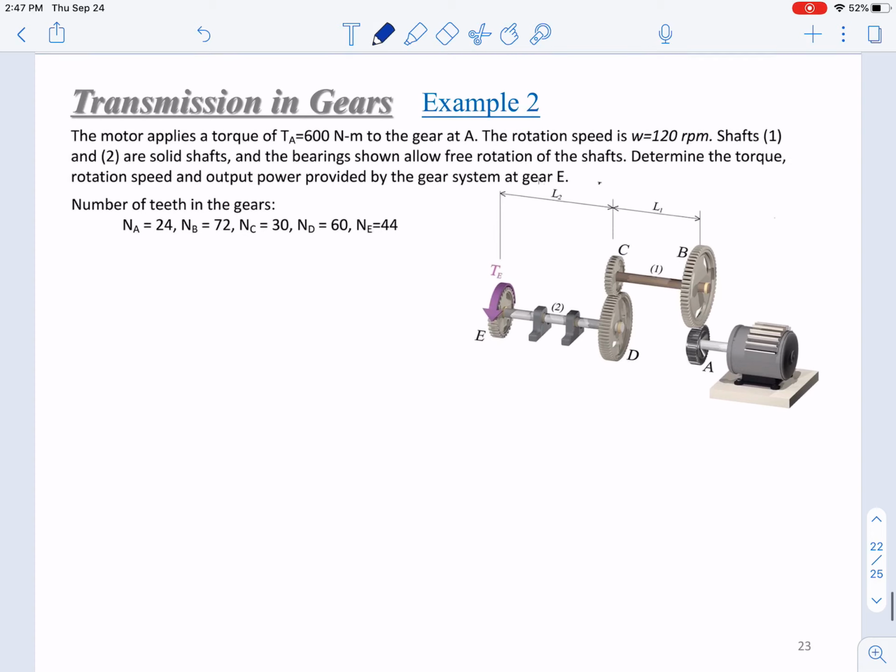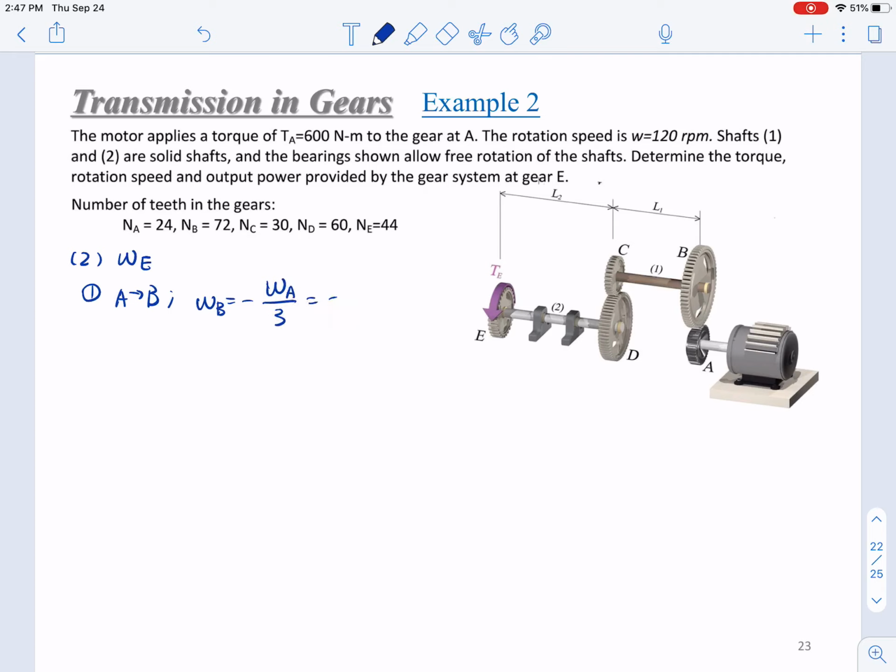Then let's look at the second one, that is omega E. How to get omega E. From the beginning, A to B, we have the gear ratio, so just omega B equals negative omega A over 3.